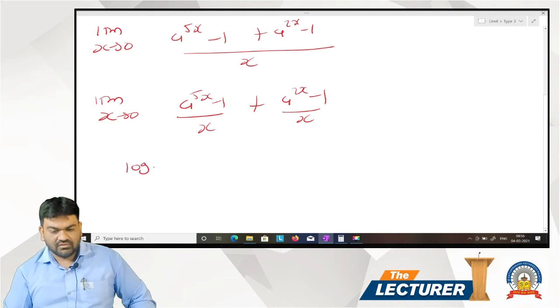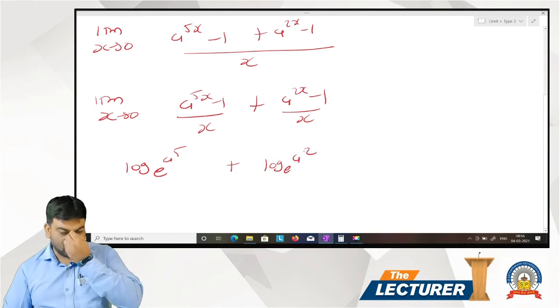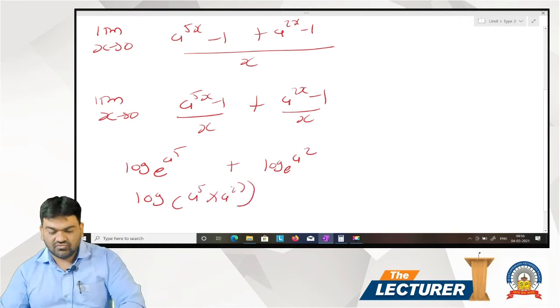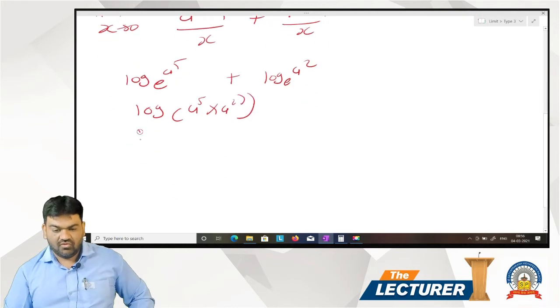Take log rule, log e a raised to 5 plus log e a raised to 2. Take log common, a raised to 5 multiplied by a raised to 2. So log a raised to 7.